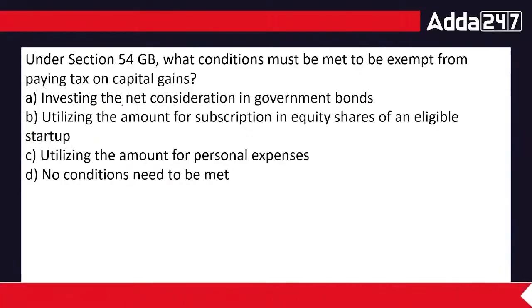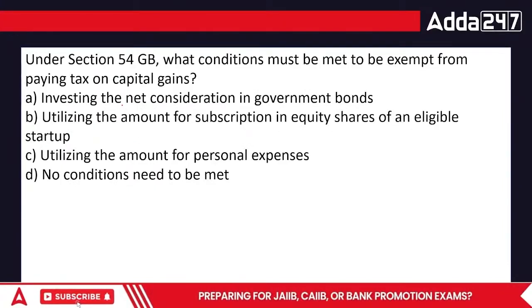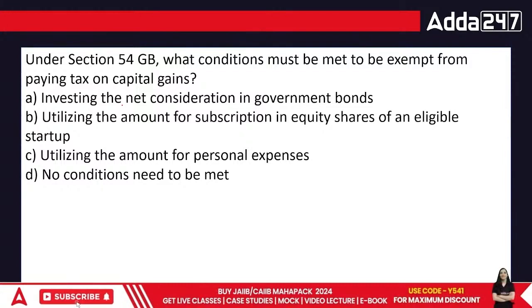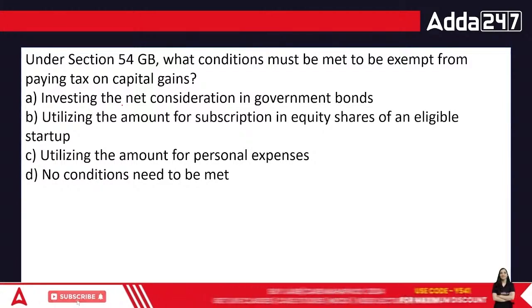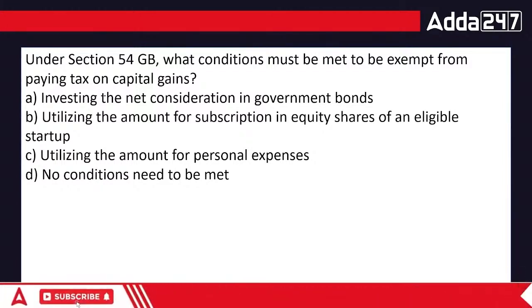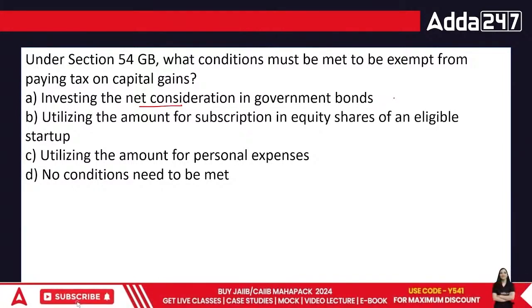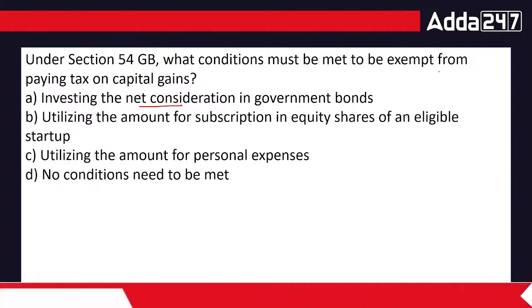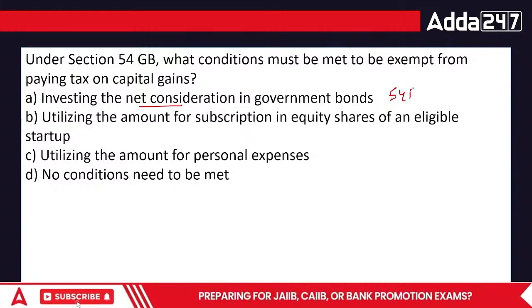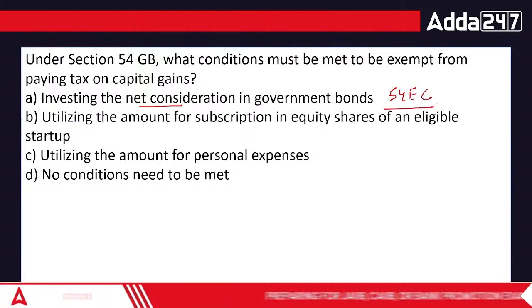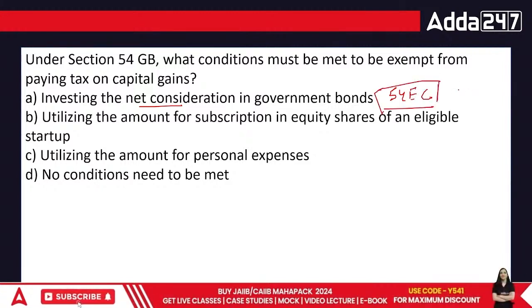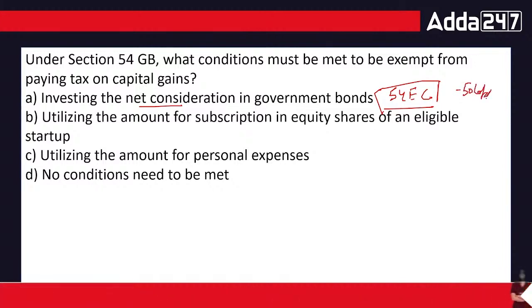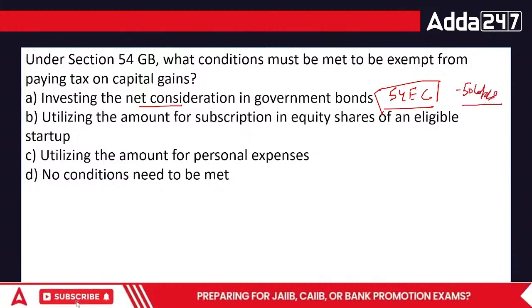Under Section 54GB, what conditions must be met to be exempt from paying income tax on capital gains, everyone? Acha, 54GB, investing a net consideration in the government bonds. Government bonds is not this. Government bonds is 54F, I believe. No, 54EC. Rural electrification bonds, and there are certain bonds where you invest, and this is up to 50 lakhs in the financial year in which we have purchased it.